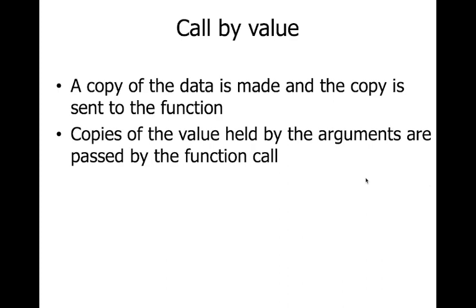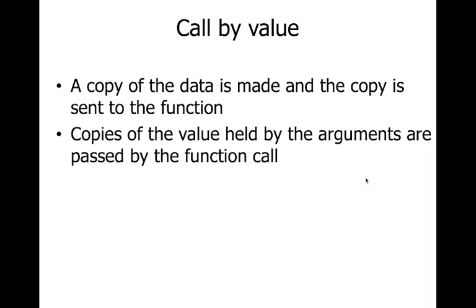We know there are arguments and parameters. So when we call, the copy will be passed. Only copies of values held in the arguments are passed by the function to the formal parameters.